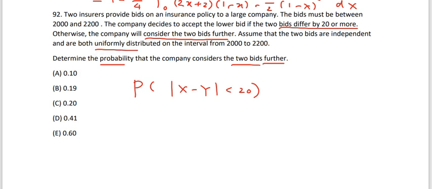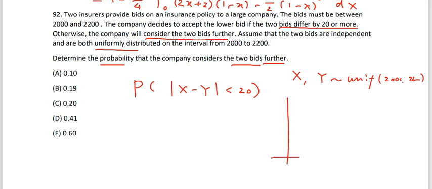So x and y both follow a uniform distribution.